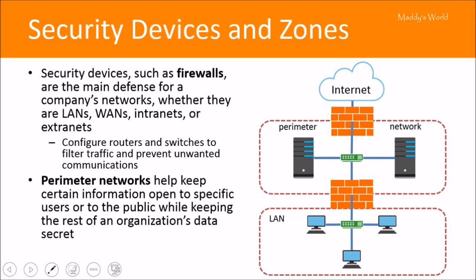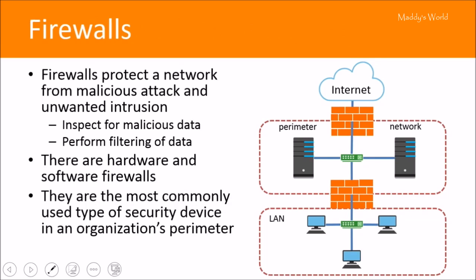We talked about those a little bit earlier. They help keep open specific information that you want to make available for public users while making sure that you keep people out of your organization's data, right? That private data that you want to keep private. Firewalls, as we mentioned before, protect a network from malicious attacks and unwanted intrusions.